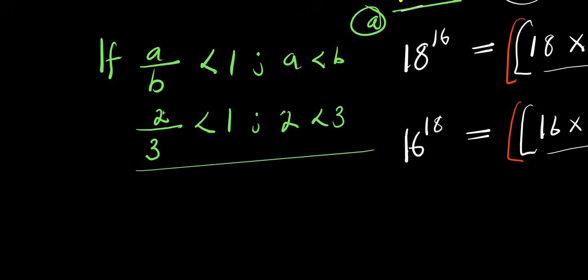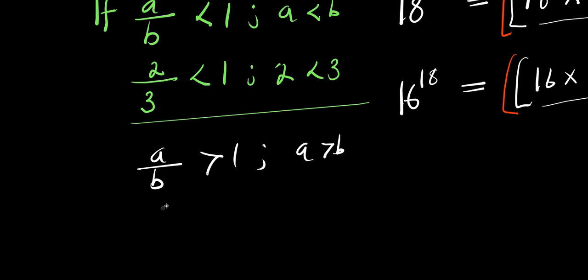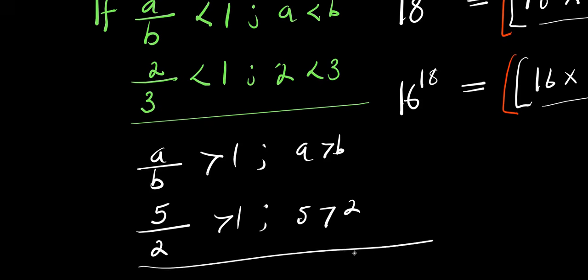Now, let's consider the other case. If A divided by B gives us a number greater than 1, that means A is greater than B. For instance, if A is 5 and B is 2, 5 divided by 2 is greater than 1. That means 5 is greater than 2.